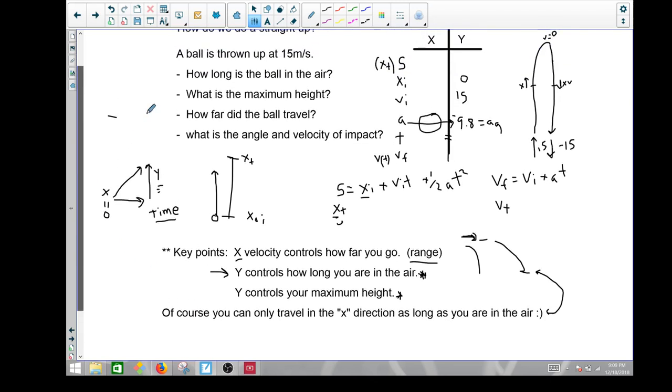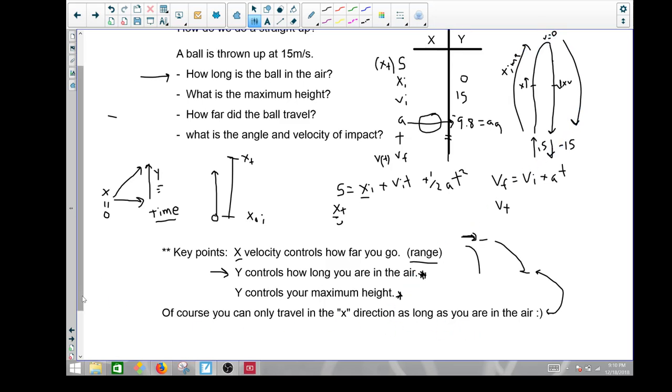You should be aware that the same amount of time it takes to go up is what it takes to come down. So if you know the time it takes to go up, you can just double it, as long as you don't hit terminal velocity. All right, so how long am I in the air? How do I figure that out?